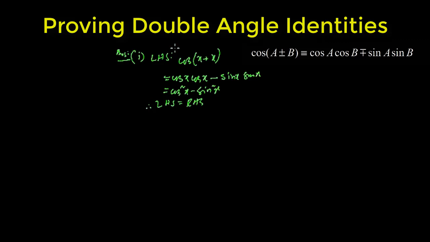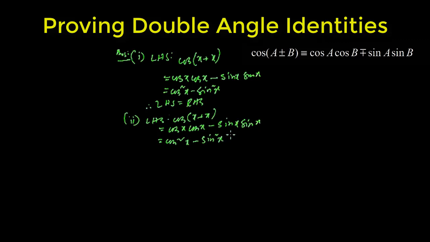In order to do that, we write left hand side, start from the beginning, cos 2x is x plus x, so we write cos x minus sine x, and we write cos square x minus sine square x, and you'll remember the basic identity, which says sine square of an angle plus cos square of an angle is identical to 1.